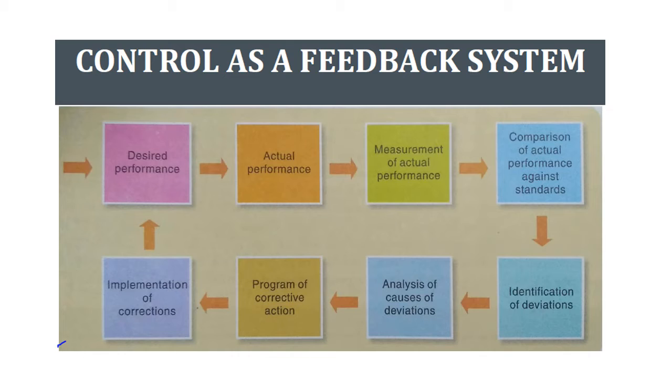Then measurement of actual performance, where the managers will be measuring quantitatively and qualitatively, then comparing to check whether there are any errors, identification of deviations, and finding out what caused these deviations, an analysis of causes. Then the program of corrective action: what methodology they can implement to correct these deviations or errors, then the implementation of corrections.